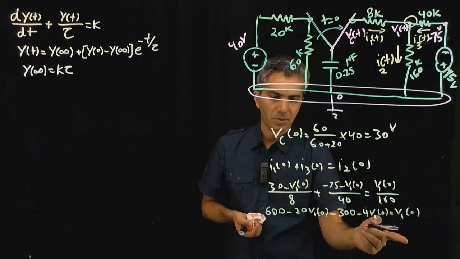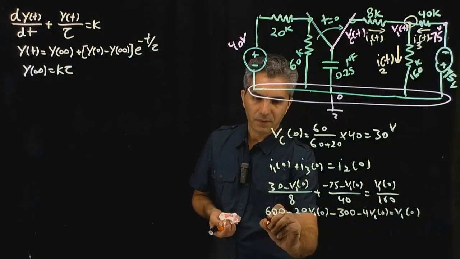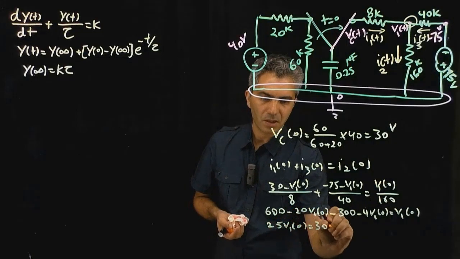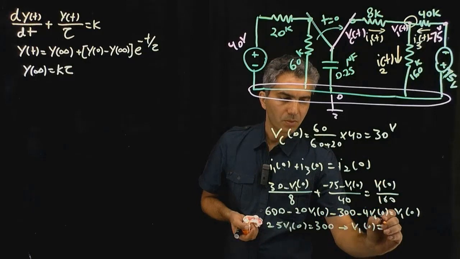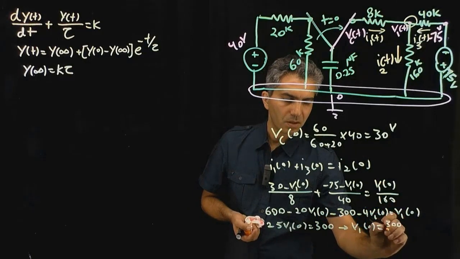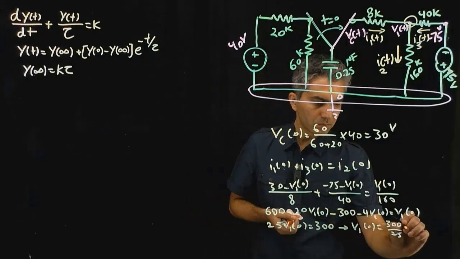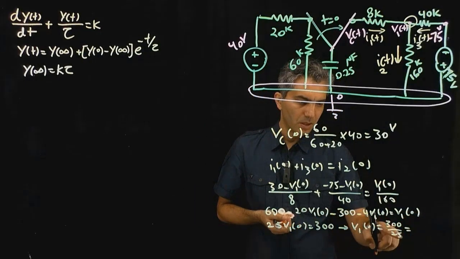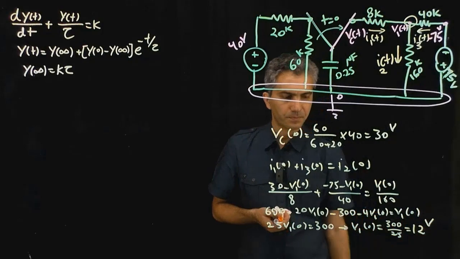Move all the V1s to the other side. That would be 25 V1(0) is equal to 300, and therefore V1(0) is equal to 300 divided by 25, and that is 12 volts.